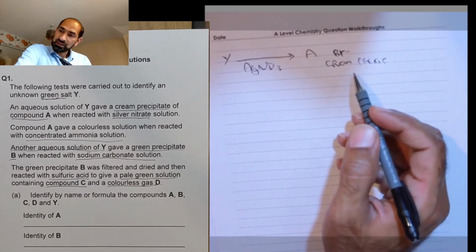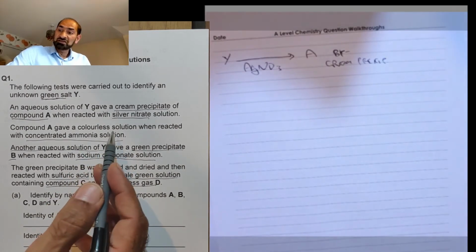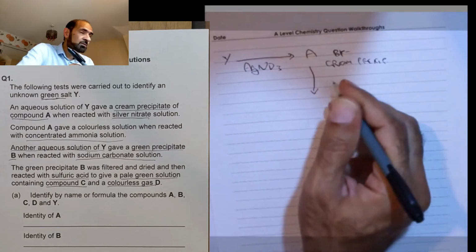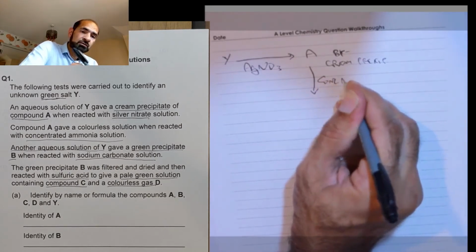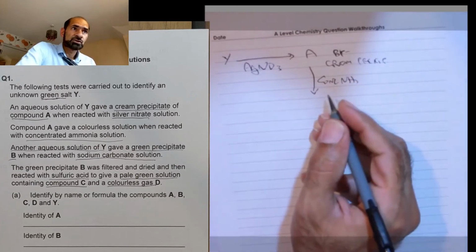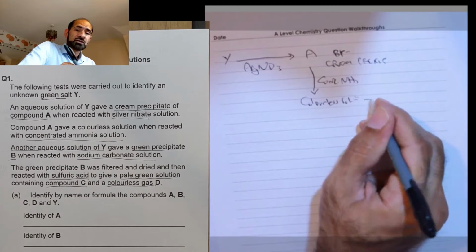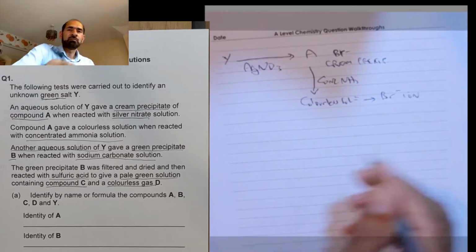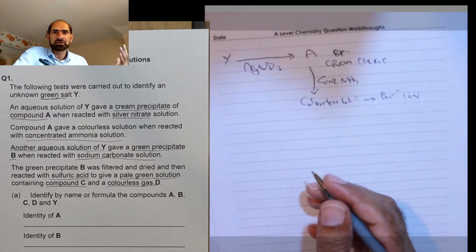What they're saying is they're adding concentrated ammonia and it forms a colorless solution, so it dissolves. So you know that this is definitely a bromide ion. Remember, we're trying to identify Y, a salt, which has a metal and a non-metal.